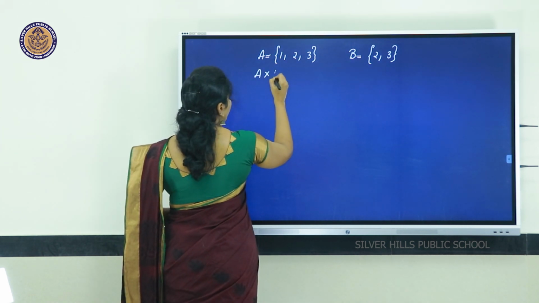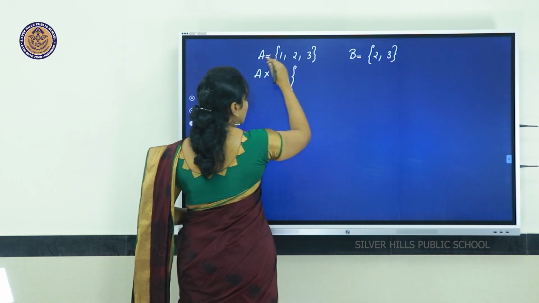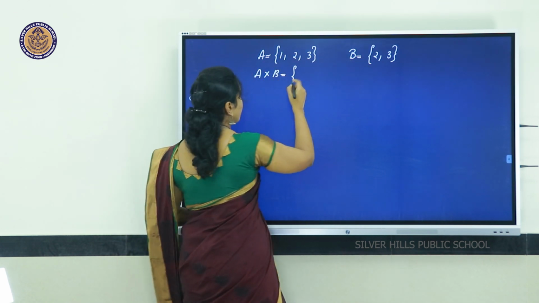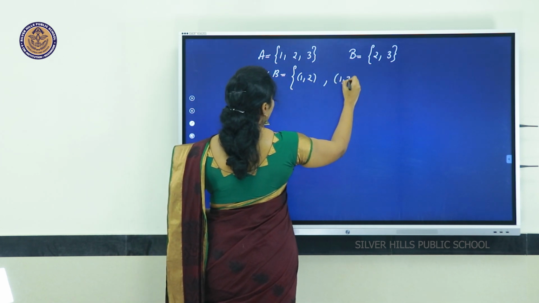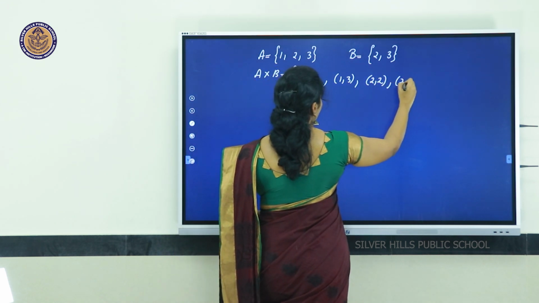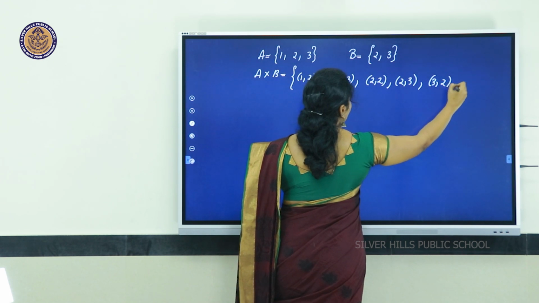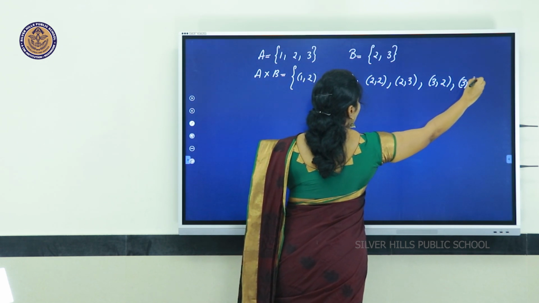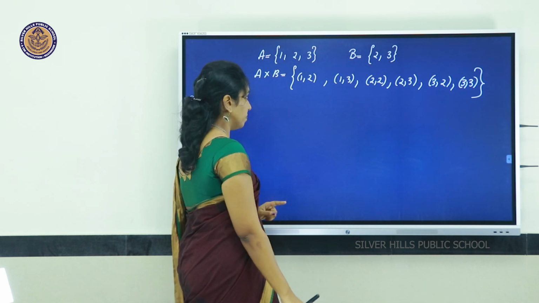The Cartesian product of A and B is equal to, I will just pair the members of A with the members of B. So I get (1, 2), (1, 3), (2, 2), (2, 3), (3, 2), (3, 3). These are the members of A cross B.